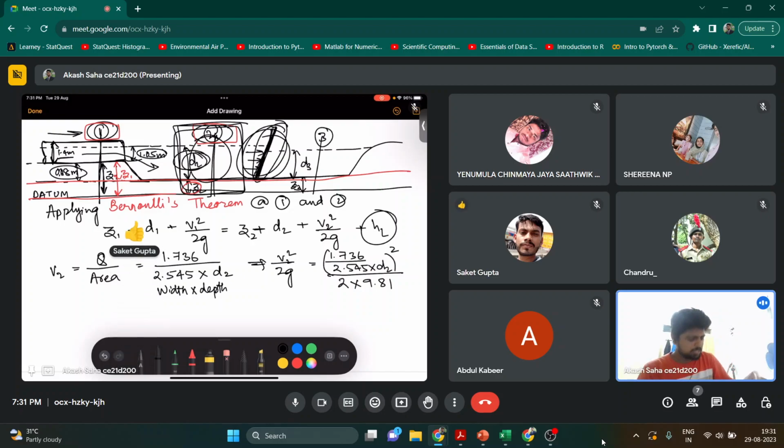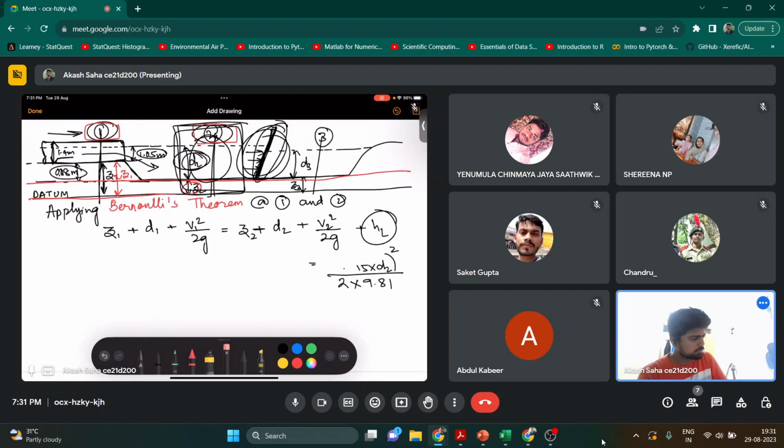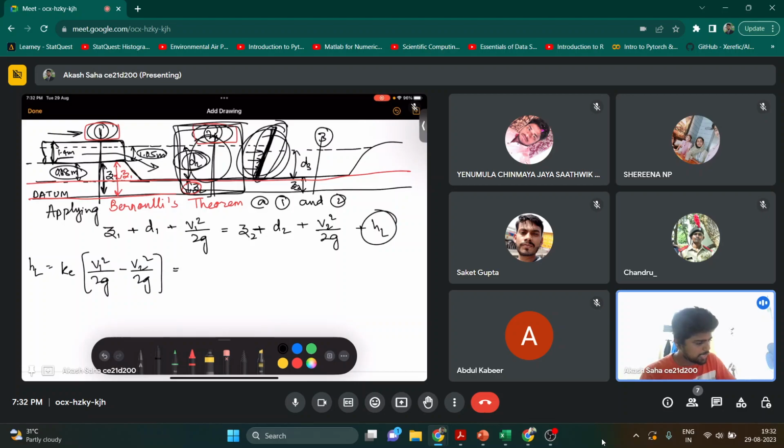Similarly for HL. What is HL? HL is KE into V1 square by 2G minus V2 square by 2G. So KE I have told you as 0.3.